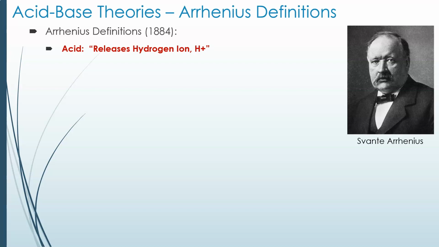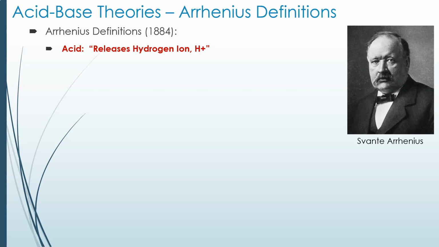In 1884, the Swedish chemist Svante Arrhenius gave a new definition to acids, which really revealed their true chemical nature. He said that acids are molecules that release hydrogen ions, H+ ions.